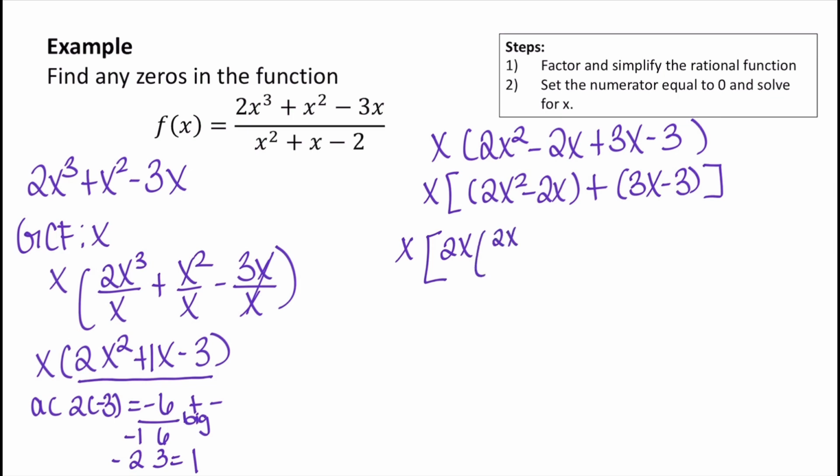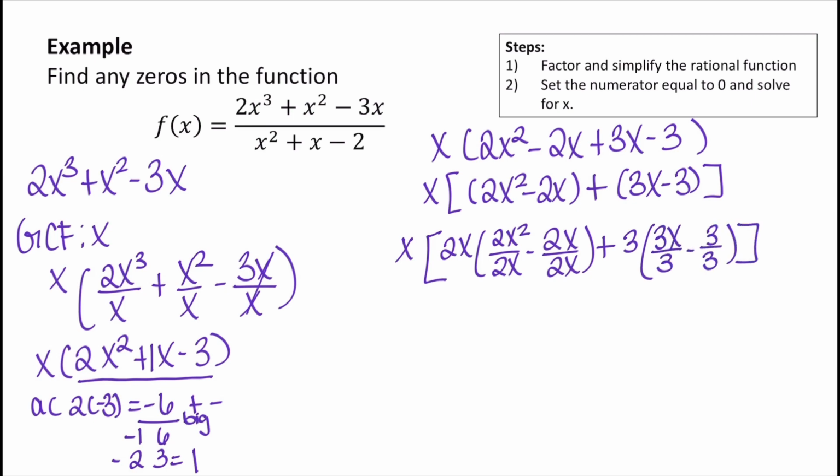So I have 2x squared over 2x minus 2x over 2x. And then in the second group, I have a GCF of 3, so I'm going to factor that out so that I have 3x over 3 minus 3 over 3. So now let's work on simplifying all of this.